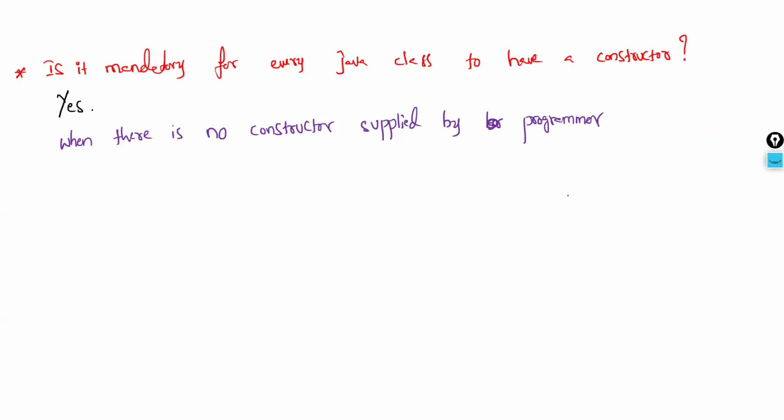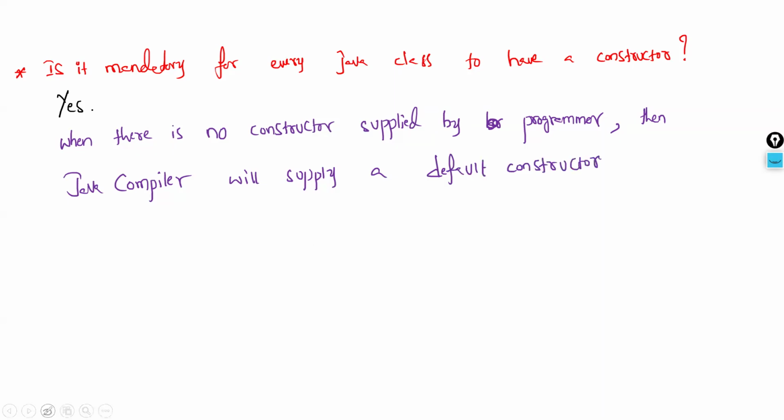Remember this point: when there is no constructor supplied by a programmer, then the Java compiler will supply a default constructor. It is the Java compiler, and such a type of constructor is called a default constructor. Please remember.